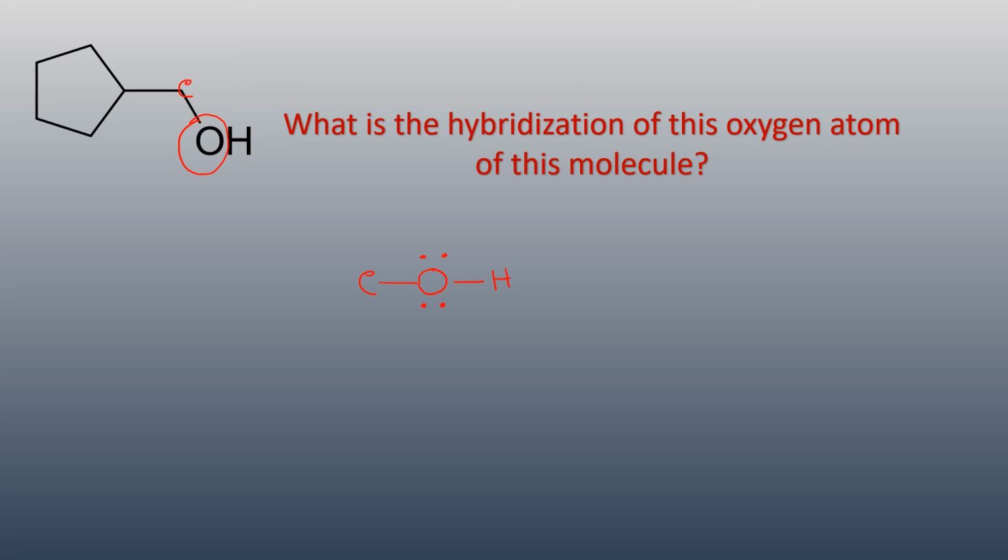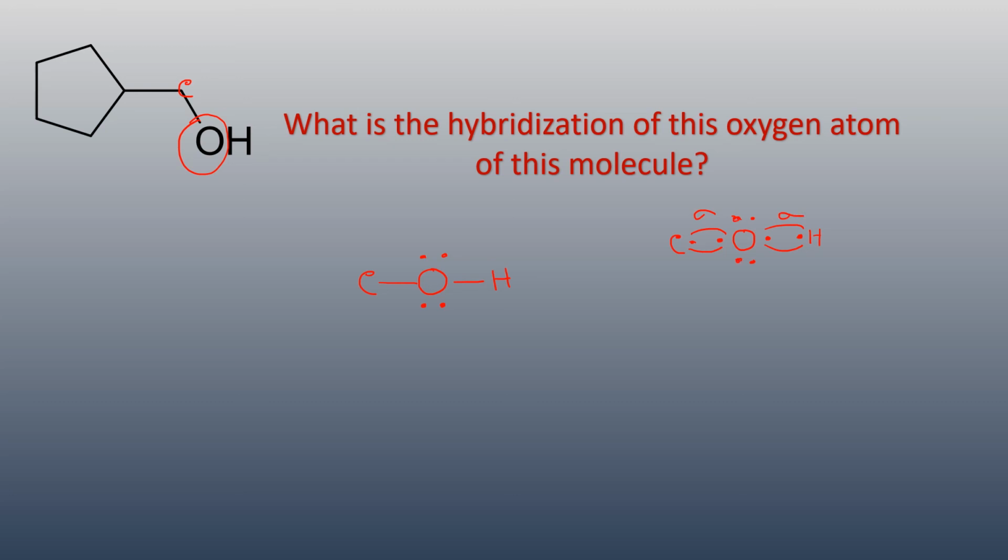So we know that oxygen valence electrons are 6: 1, 2, 3, 4, 5, 6. So carbon's 1 electron shared with oxygen's 1 electron forms a sigma bond. Now hydrogen's 1 electron shared with oxygen's 1 electron forms a sigma bond. So these two are the lone pair.